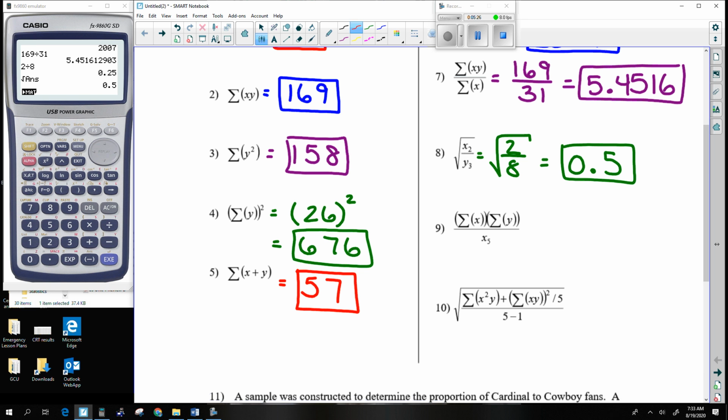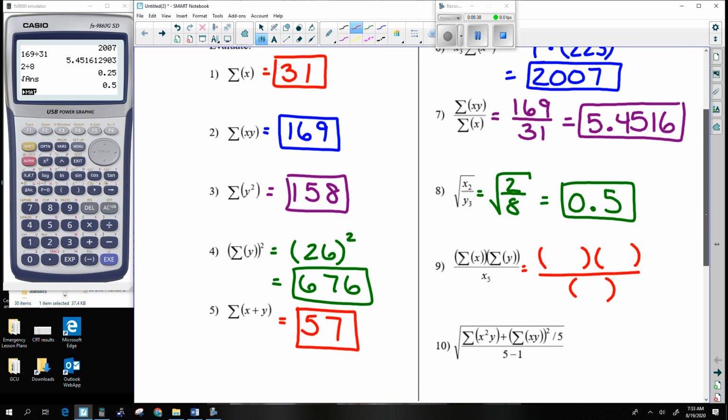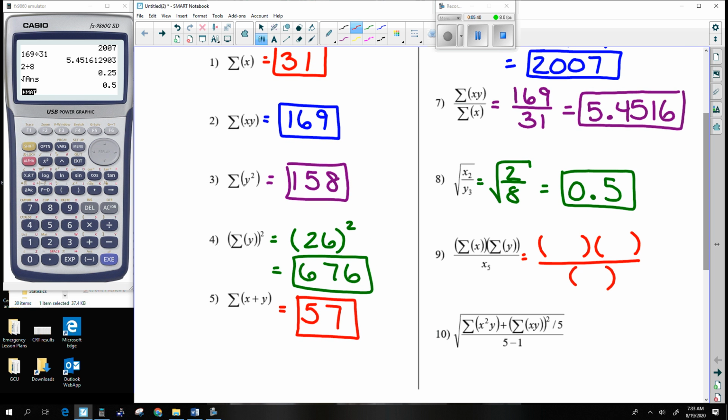Number 9, I have 3 parts to this. I have the sum of x, sum of y, and then I'm dividing by x sub 5. So the sum of x, which is the same thing as number 1. The sum of y, which was that first step of number 4.